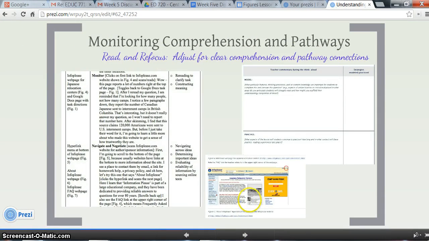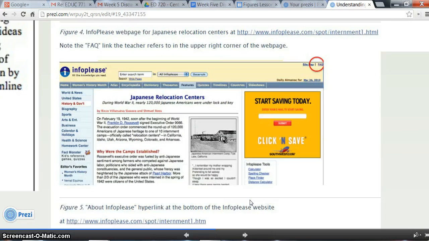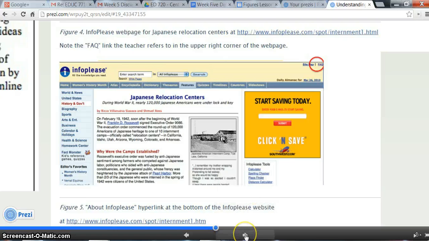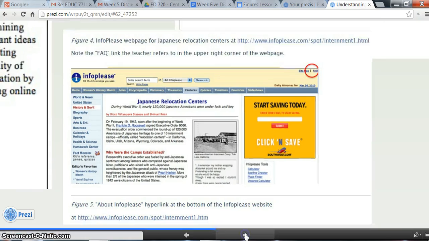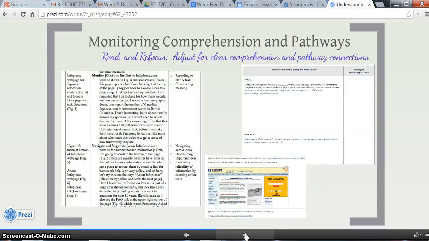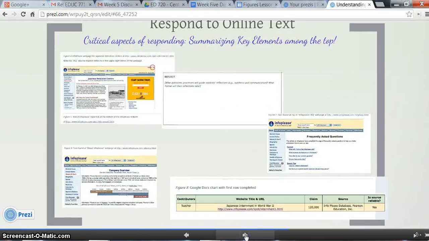You can see that we go to the Info Please and we find some very good information about Japanese relocation and also further information in a hyperlink to the website. So if we're following that path, we're negotiating our way through some very important information.